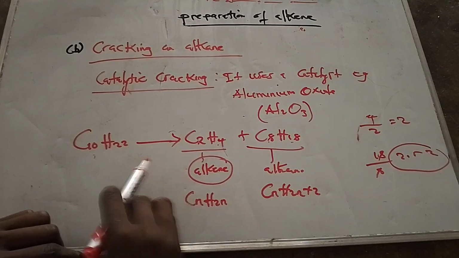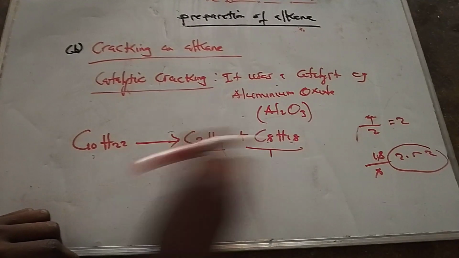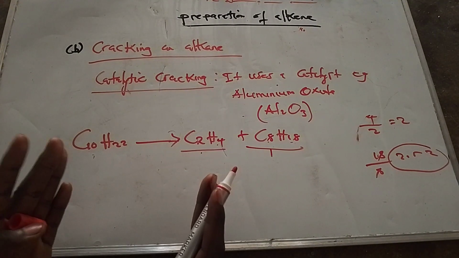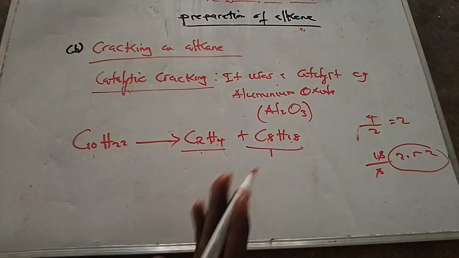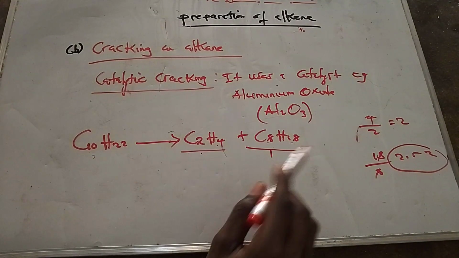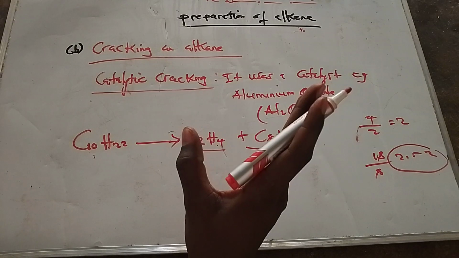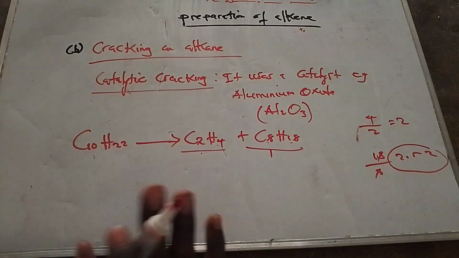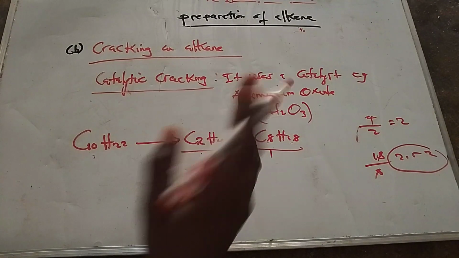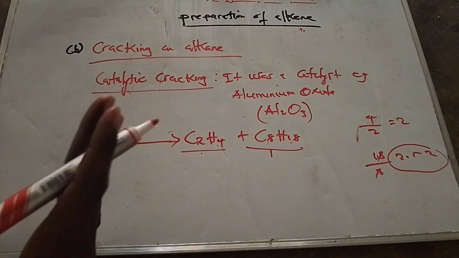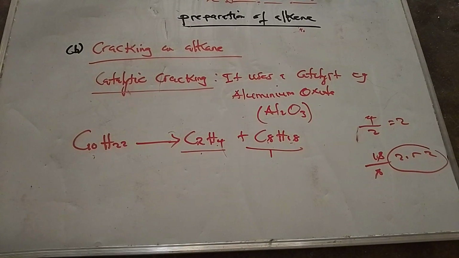Now, identify from these compounds which one will decolorize. They will give you the structural formulas, or maybe the condensed formulas. If they give you that, go by this. Just count the number of carbons and the number of hydrogens, then divide the number of hydrogens by the number of carbons. If the answer is 2, know that that one is an alkene, it can decolorize. If it is leaving a remainder, know that this one is an alkane, the one with a single bond, and it cannot decolorize. That is how we identify.